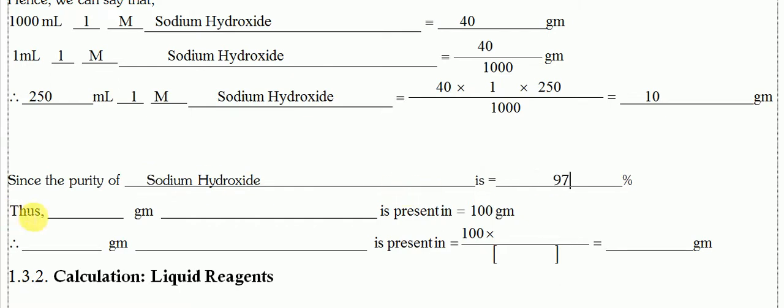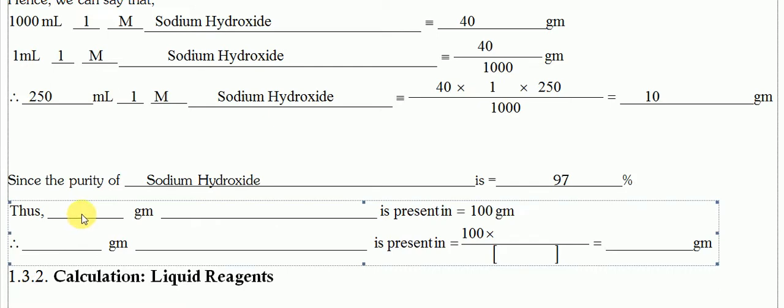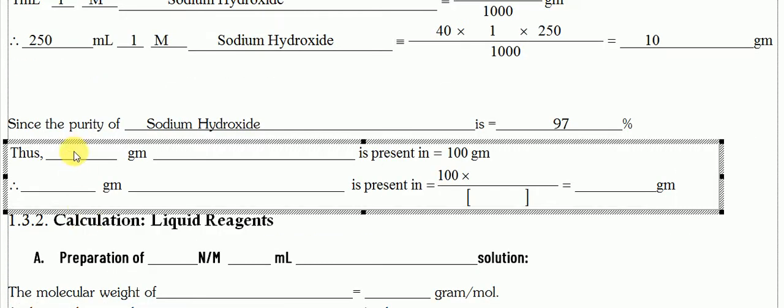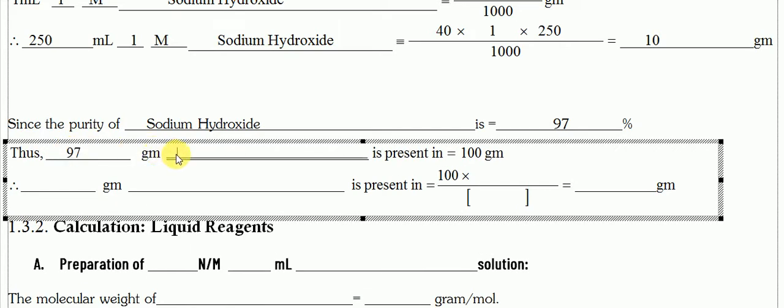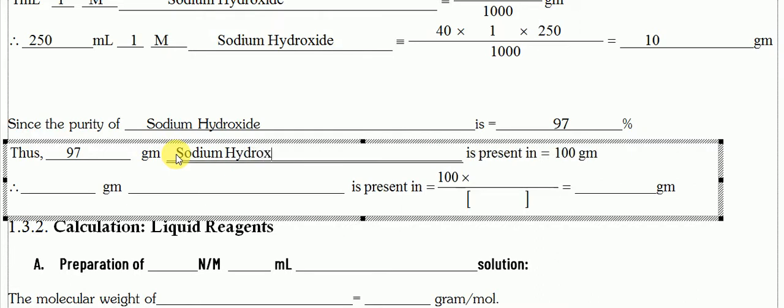Since it is 97% purity, we can write that 97 gram sodium hydroxide is present in 100 gram. 97% purity indicates that 97 gram sodium hydroxide is present in 100 gram.